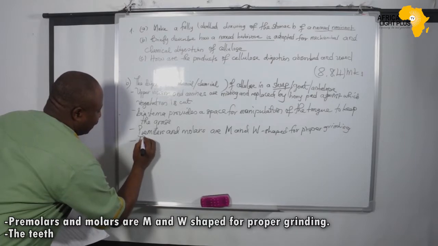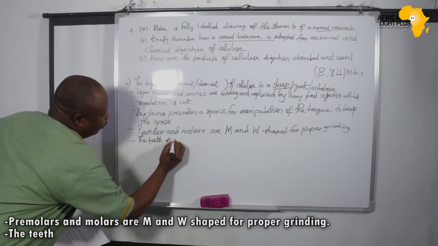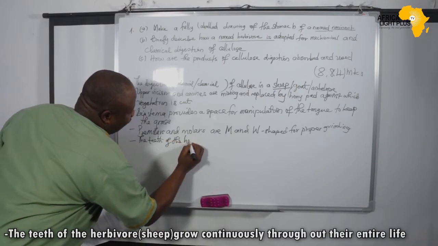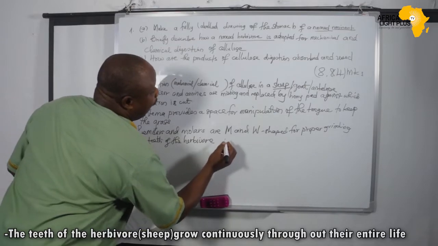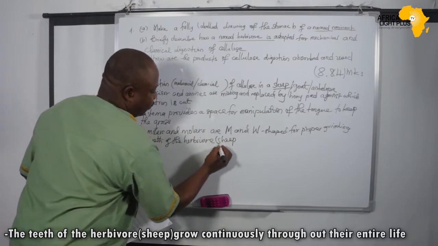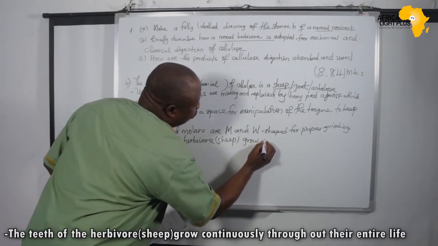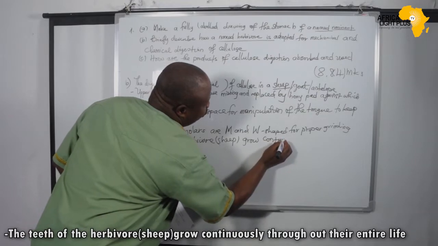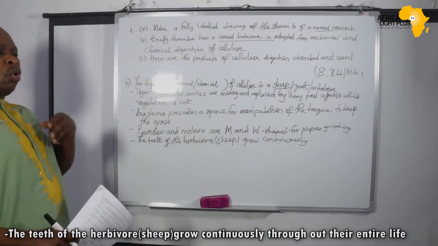Next point. The teeth of the herbivore, which is our sheep in question, grow continuously. So the teeth grow continuously.